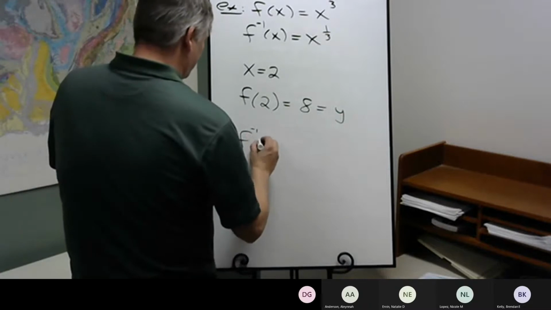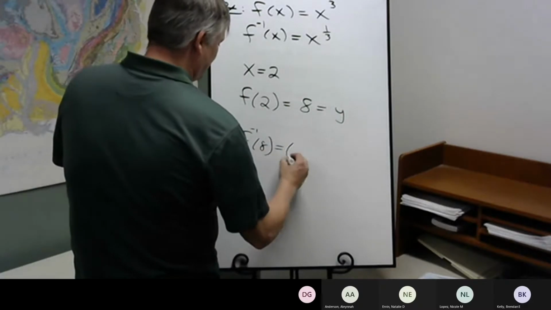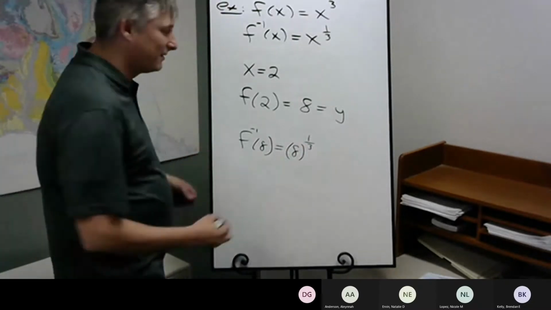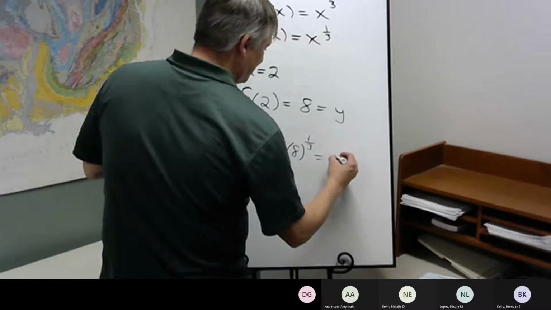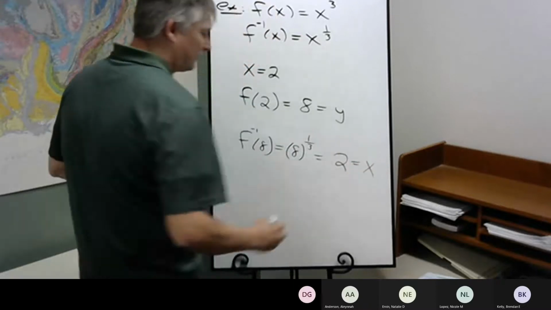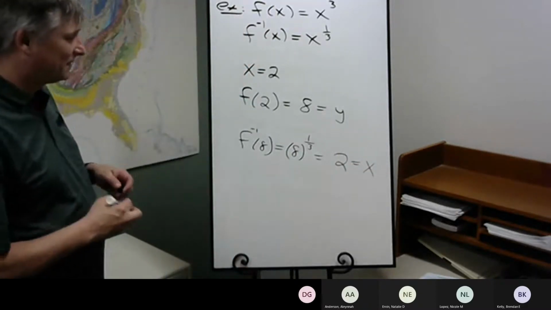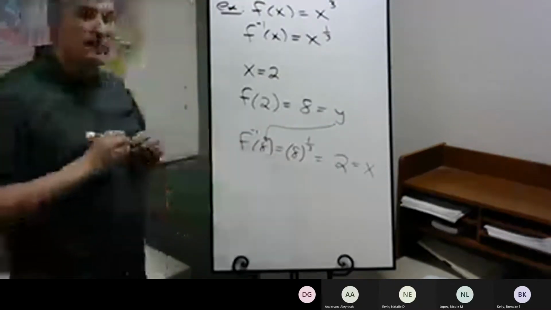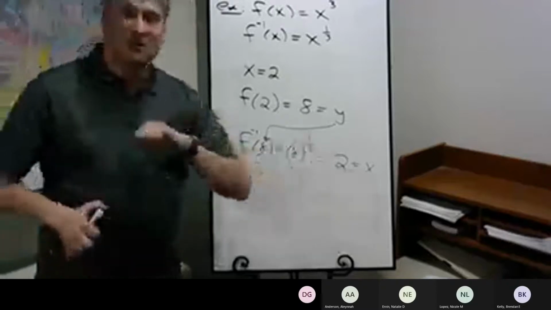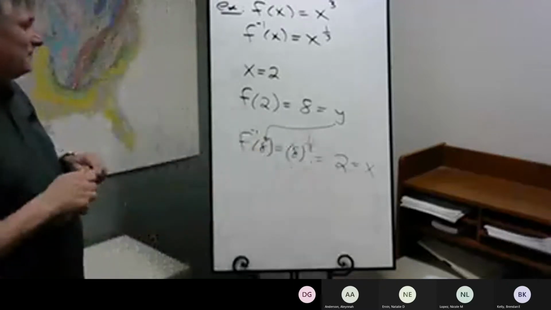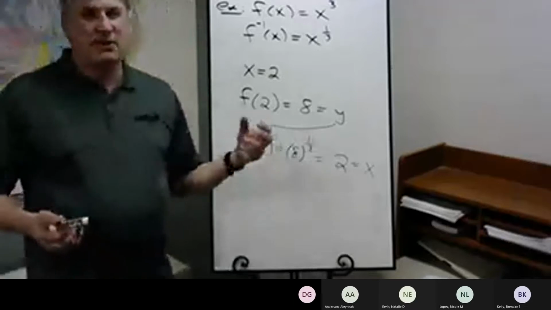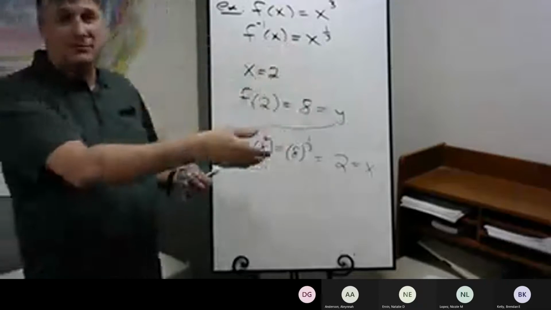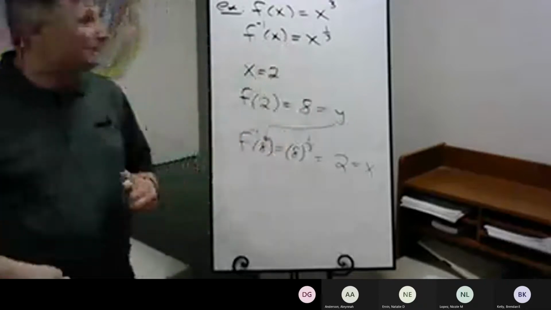So f inverse of 8 is 8 to the 1/3, or the cube root of 8. And then we get back our 2, which was our x. So we took our y value, we put it into our inverse, and there we go. So that's the idea of an inverse. We start with an x value, apply f to it, we get a y value. Take that y value, apply the inverse, we get the original x value back.